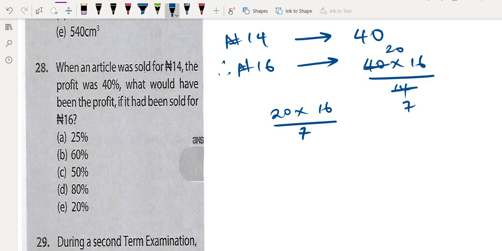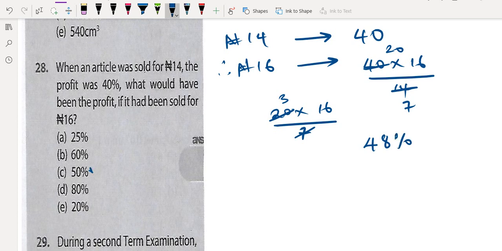20 over 7 is approximately what? 2.9. It is approximately 3. 3 times 16 gives you 48.